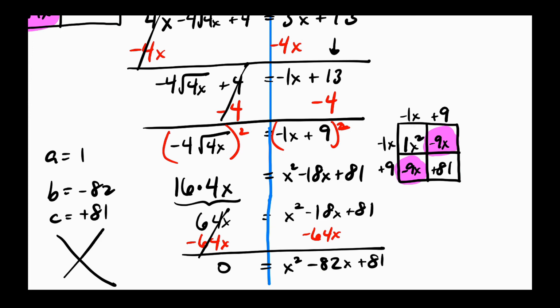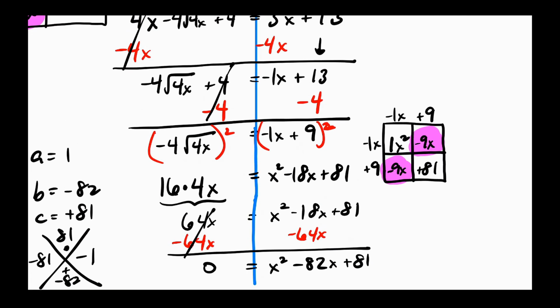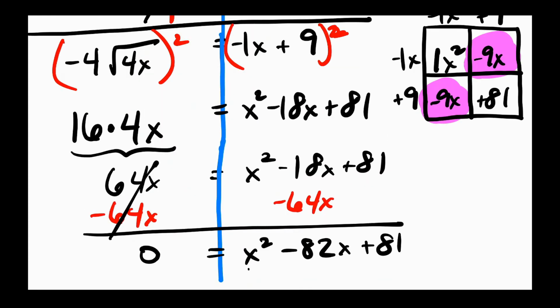So we got to find the two numbers that multiply to be 81, but add to be negative 82. There you go, negative 81 and negative 1. So it's x minus 81, x minus 1.